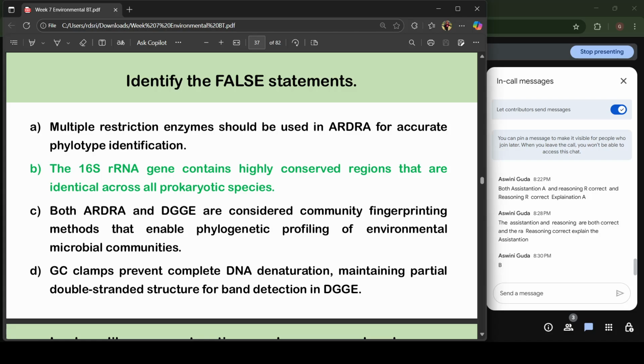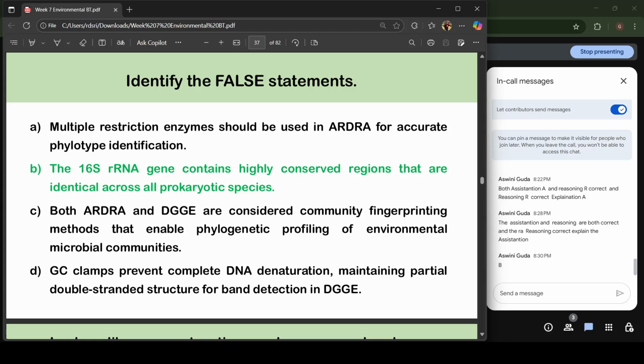And the last statement is GC clamps prevent complete DNA denaturation, maintaining partial double stranded structure for band detection in DGGE. So this was the purpose of GC clamps in DGGE. We were discussing it from the first. But the second statement is the 16S rRNA gene contains highly conserved regions that are identical across all prokaryotic species.